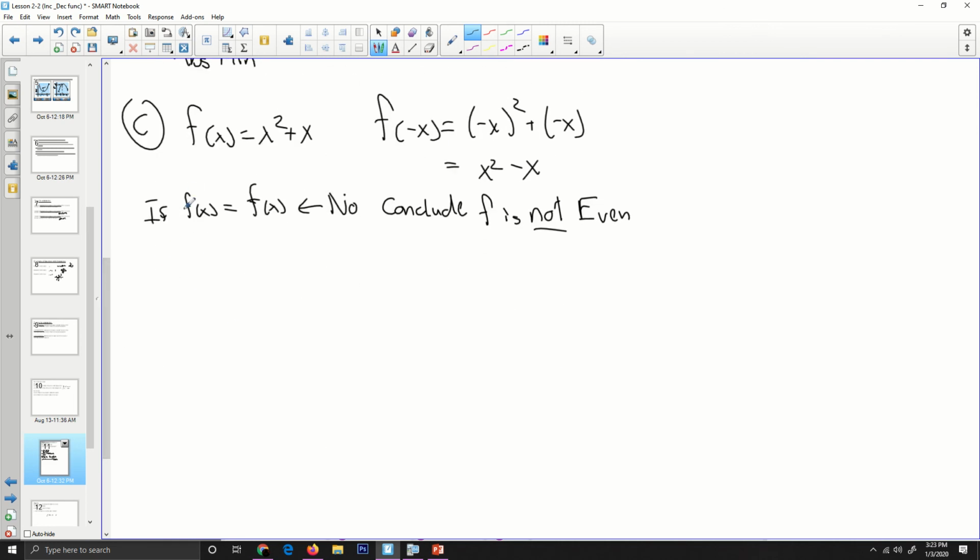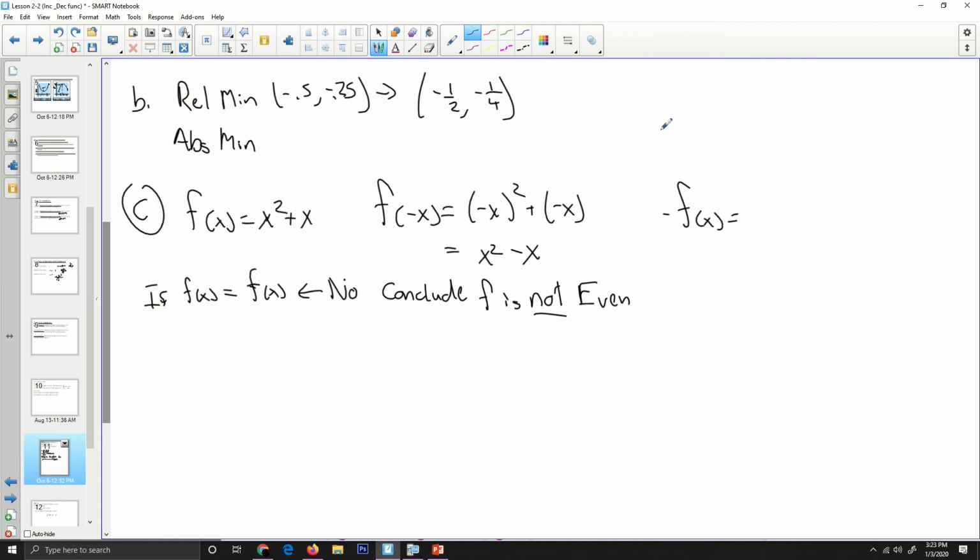And then I'm going to compare this function to negative f of x. Negative f of x means that I multiply the entire function by negative 1.